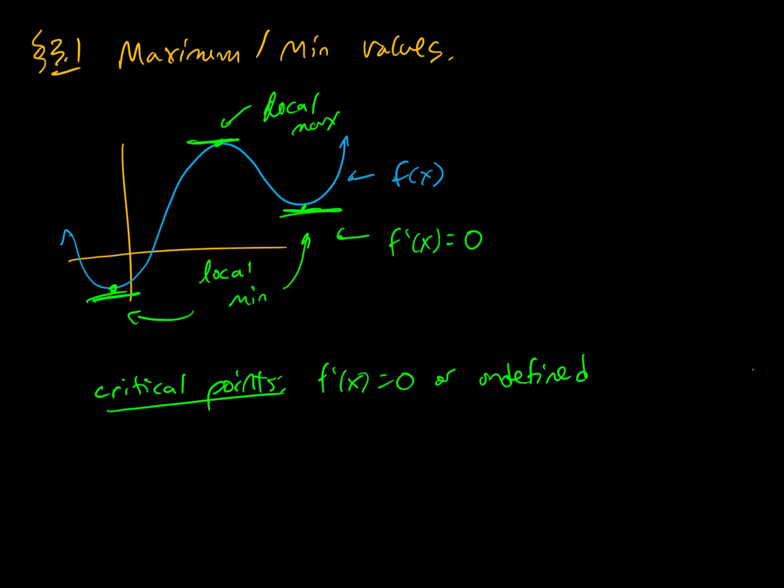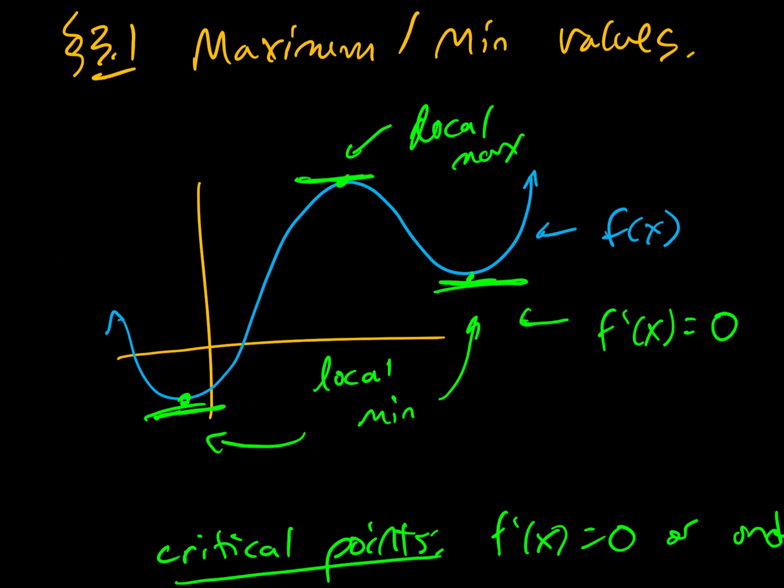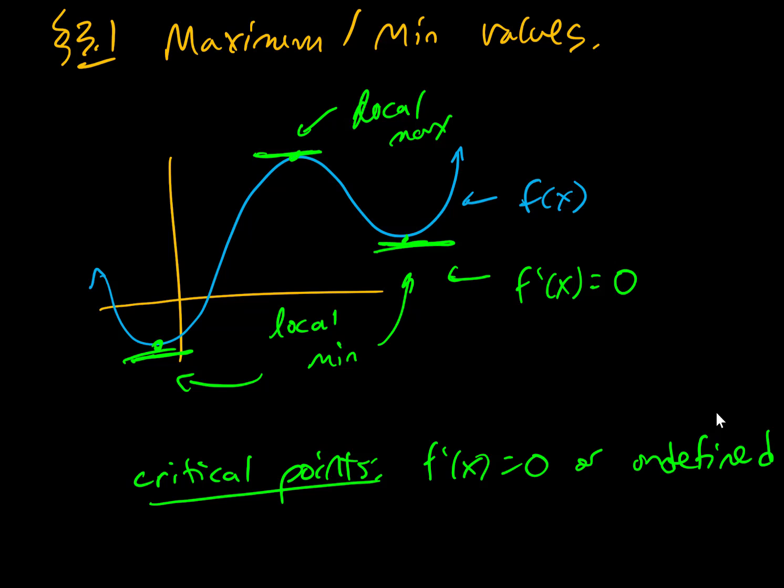Alright, now another thing that we look at a lot in this section is trying to find where we increase and decrease. If I look at this function a little bit more closely and start looking at the tangent lines, the tangent lines here kind of look like this. As I go along, there's the flat one, and then I go up like that. And then these tangent lines start going like this. Does that make sense? Notice that if I have a line sloping down, then its slope is negative.